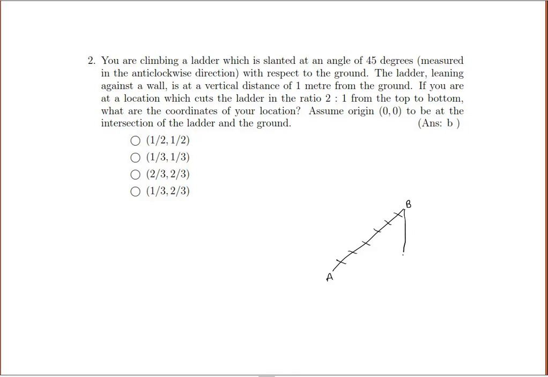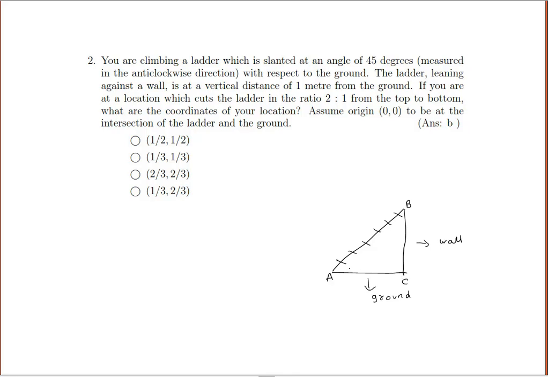So we'll put a wall, and this one is a wall. So AC has to be the ground. It says the ladder makes an angle of 45 degrees measured in the anti-clockwise direction with respect to the ground.